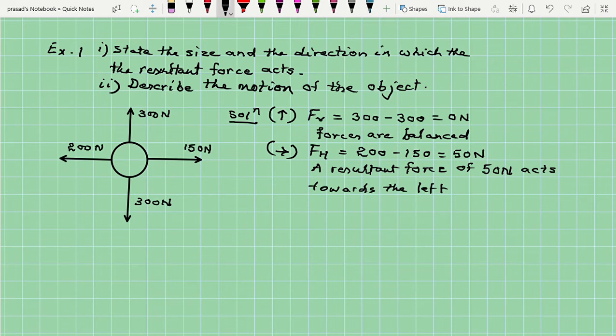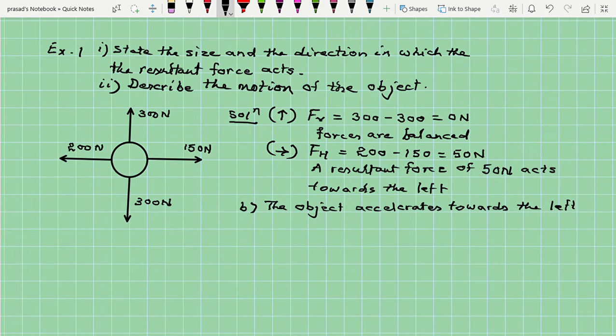So in the B part, they have told you to describe the motion of the object. That means the object accelerates towards the left.